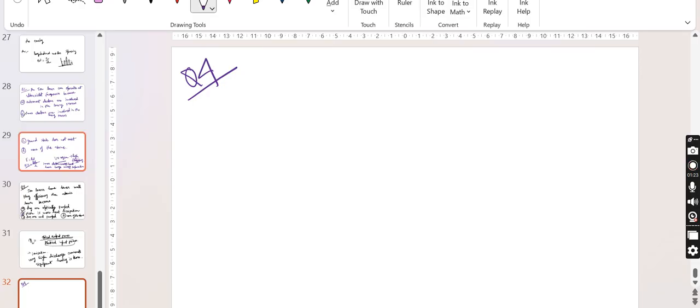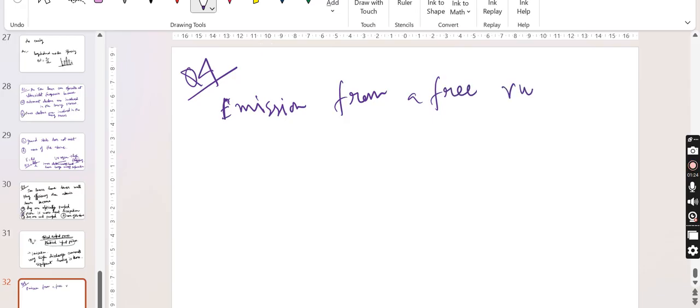Question 4. Emission from a free running argon ion laser: A, comprises of multiple wavelengths.